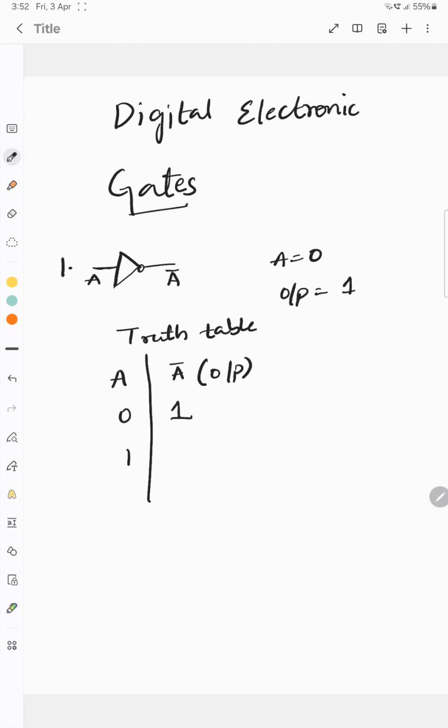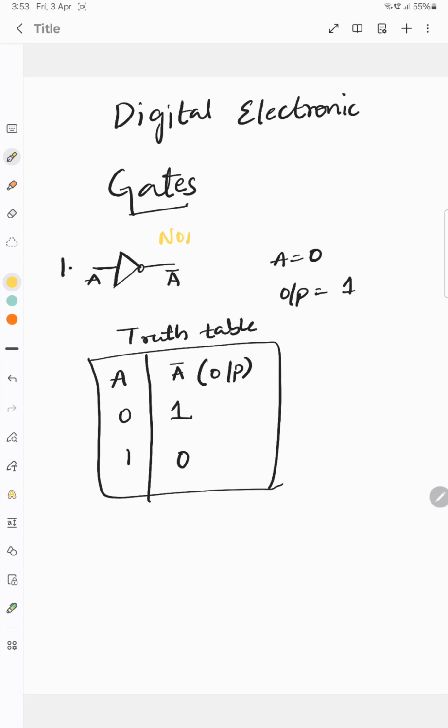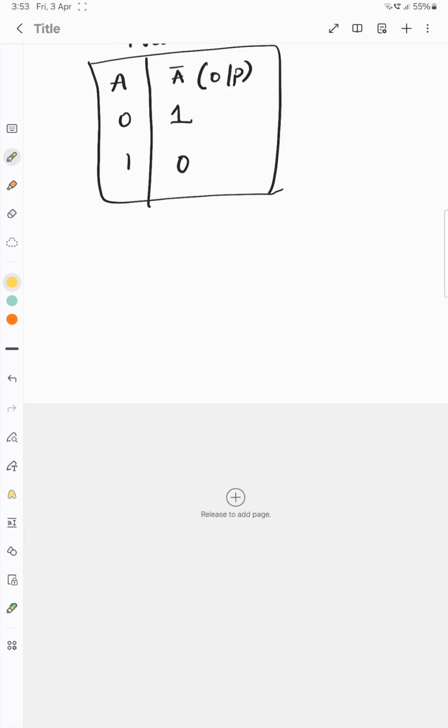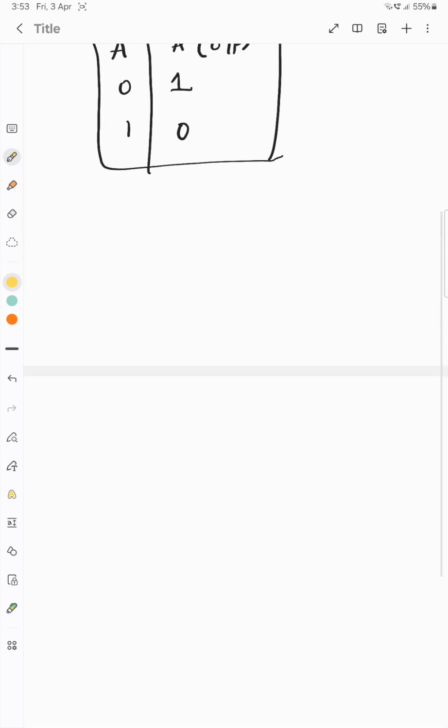If A is 1, A bar will be 0. This is known as the NOT gate, or you can say it is an inverter also.